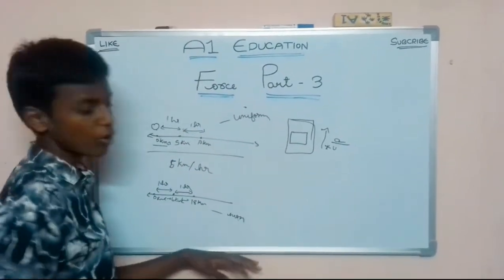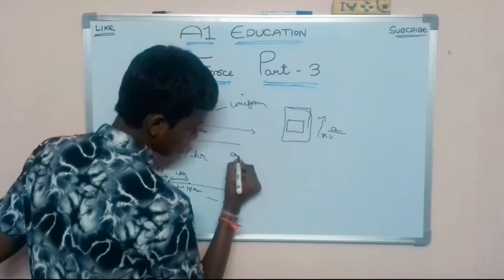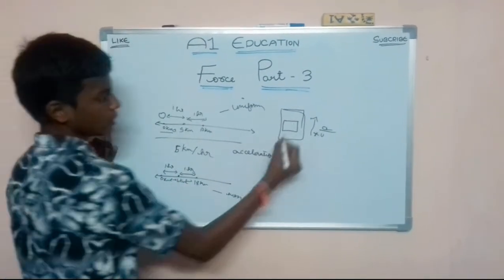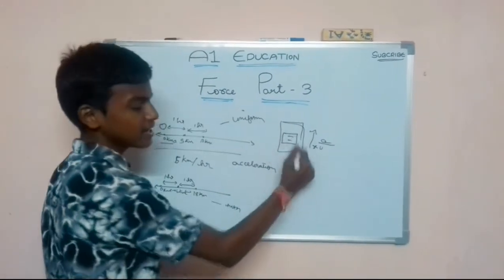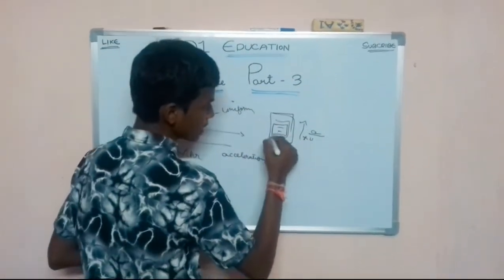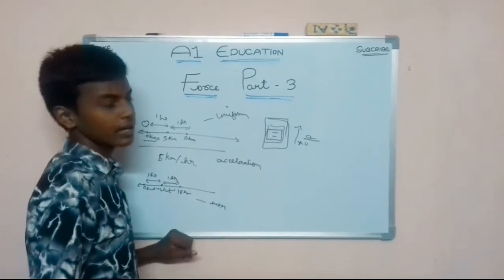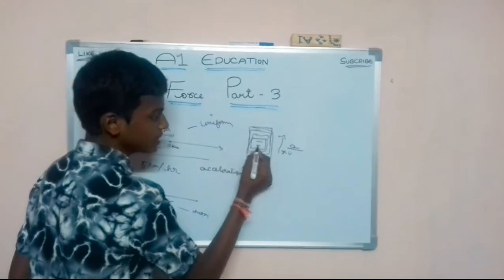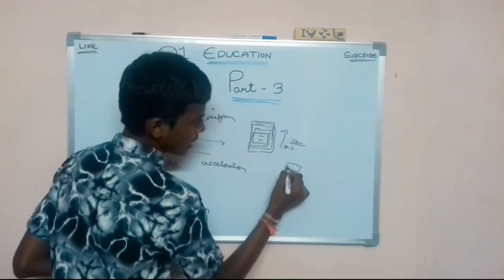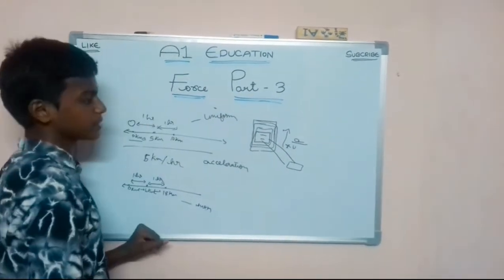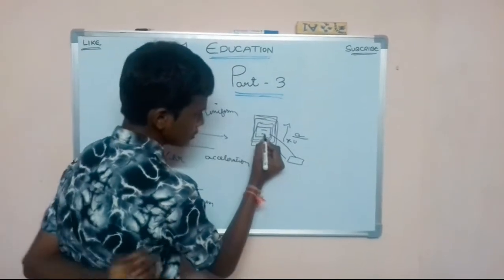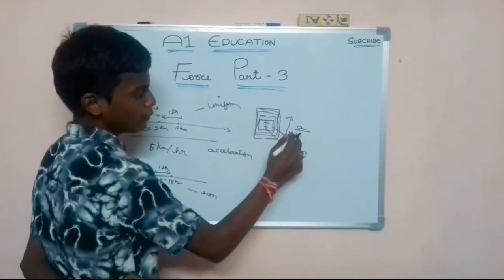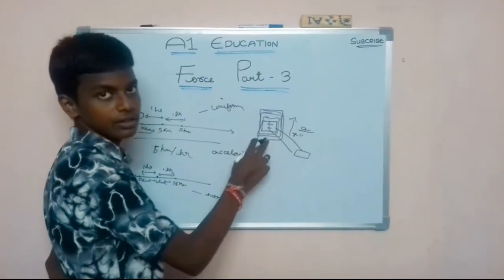Non-uniform motion is also called acceleration. So you keep this brick in an accelerating lift. Is this brick at rest or in motion? It is at rest with respect to the lift, and it is in motion with respect to the observer who is observing. So technically this brick is in non-uniform motion.